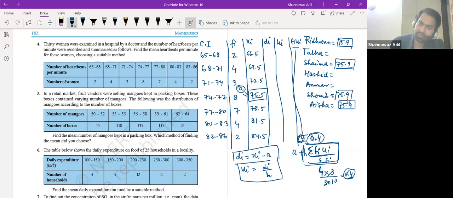75.9. So how much is that in percentage? Right? So divide by 80 into 100. No, sir, the 20 marks are for the assignments. Oh, so 20 marks for the assignments. Yeah, so the written exam was of 80 marks, right?